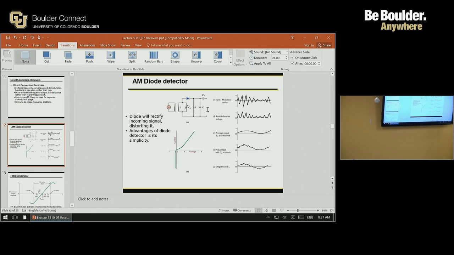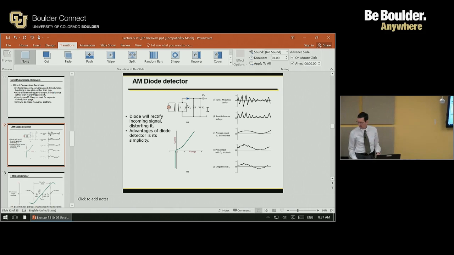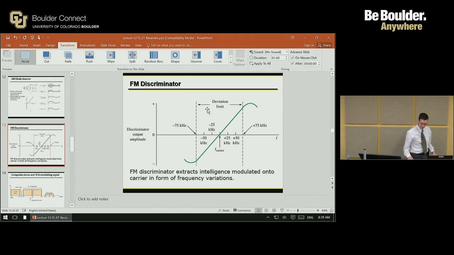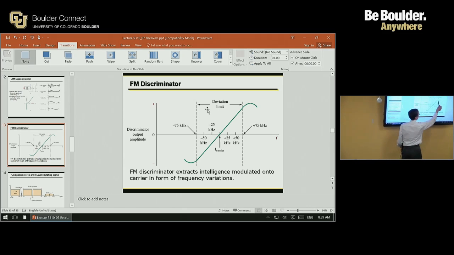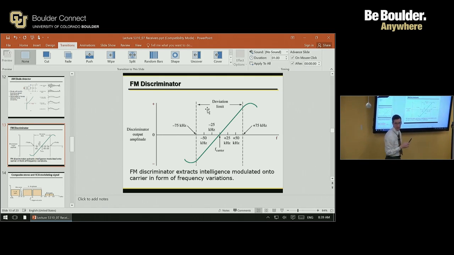Then for FM, I believe FM's next. In FM, you've got this slope here. If there's no signal being modulated, it just sits right here in the middle. If I talk loudly, it's going to swing up and down the full length of this sloping line.